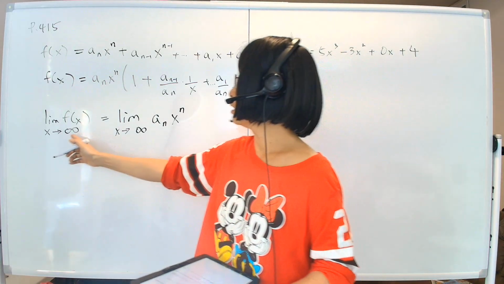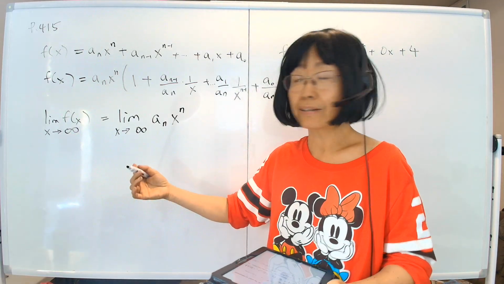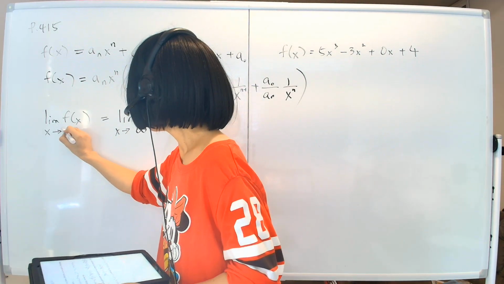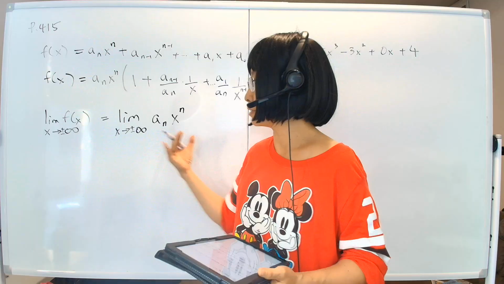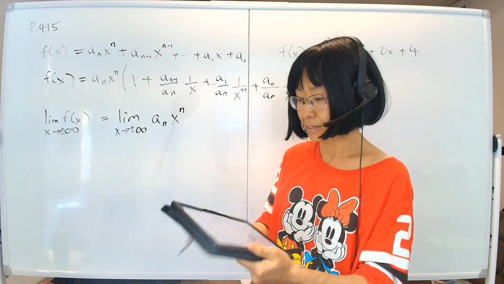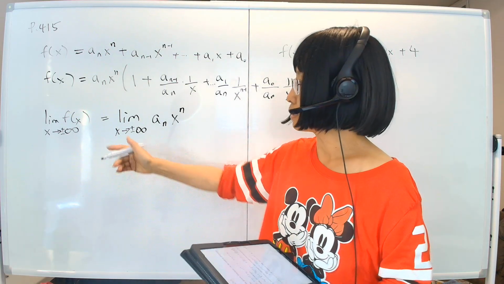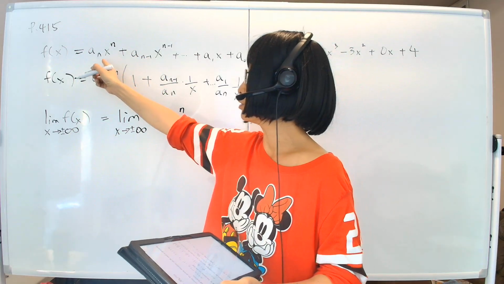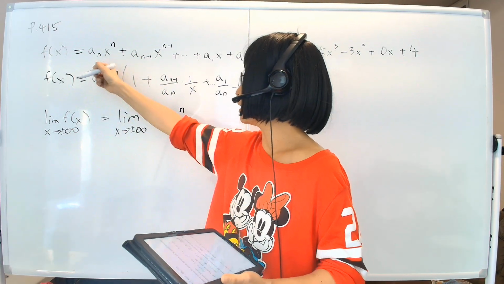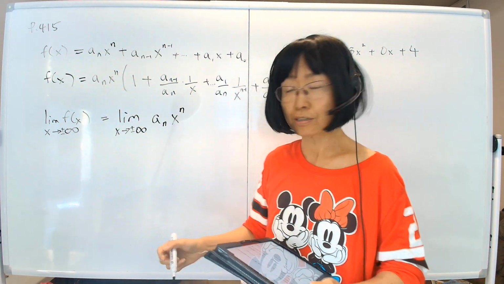And this is true whether x goes to positive or negative infinity. So we'll put the plus or minus sign in here to indicate that. Whichever way it goes, the argument stands. At positive or negative infinity, a polynomial's end behavior is identical to the polynomial with just the first term.